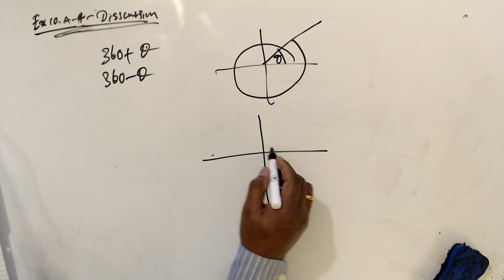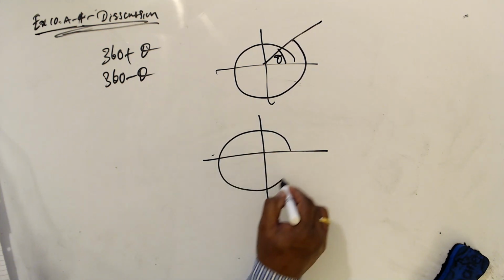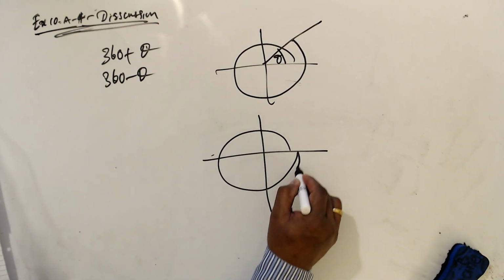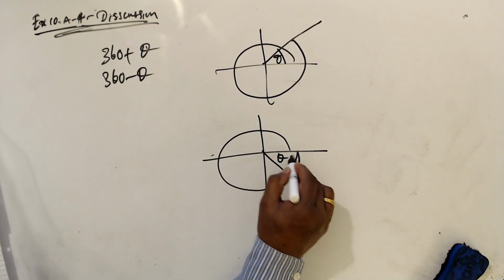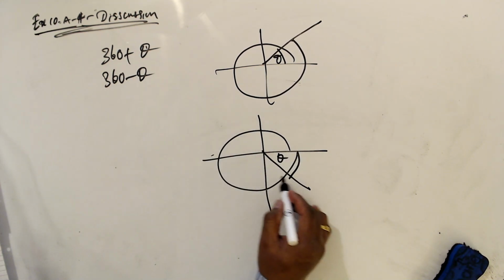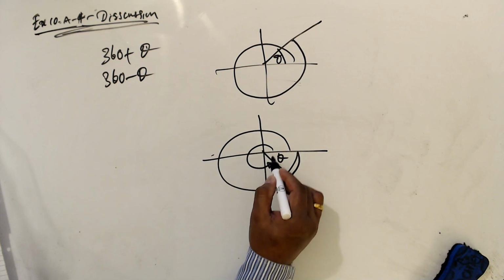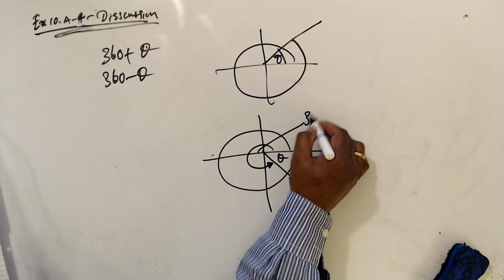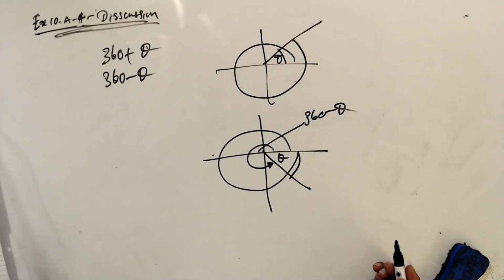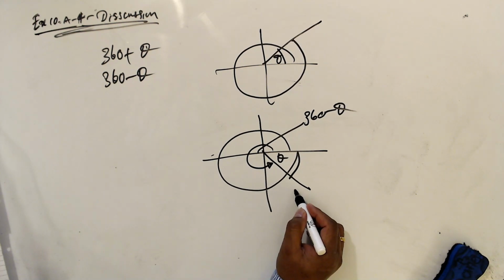Other one: you go 360 and come back theta amount, minus theta. So this angle is 360 minus theta, which is in fourth quadrant.